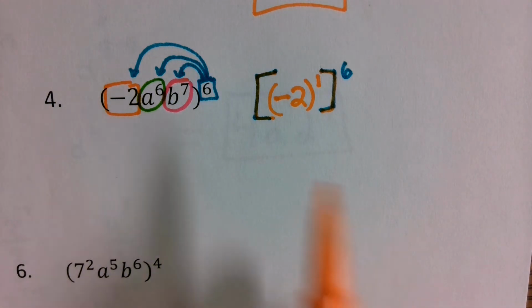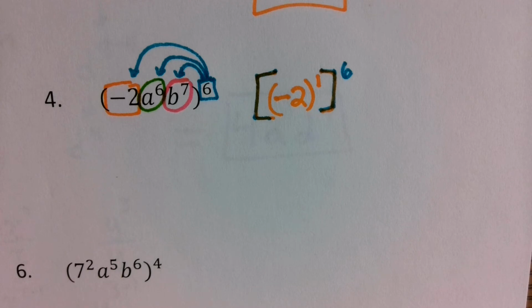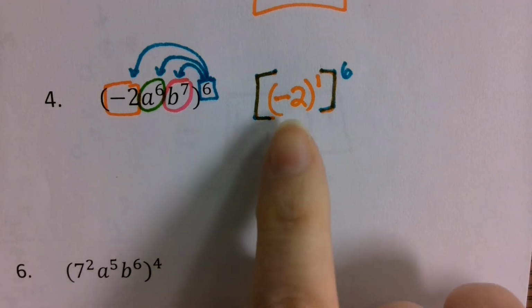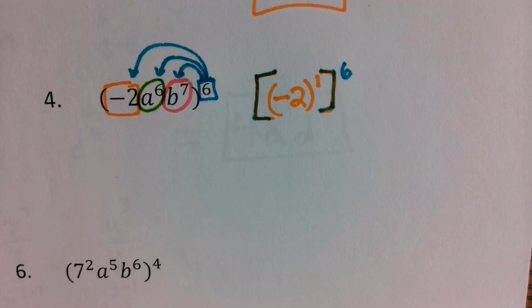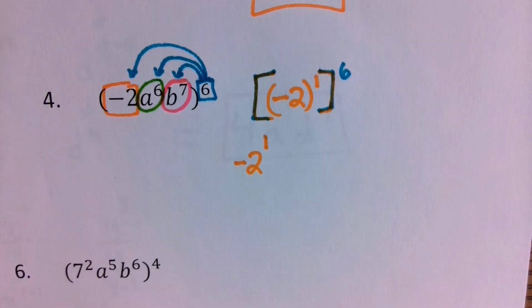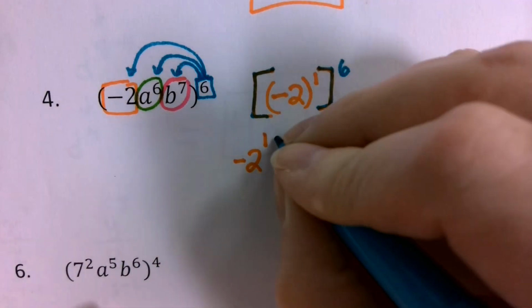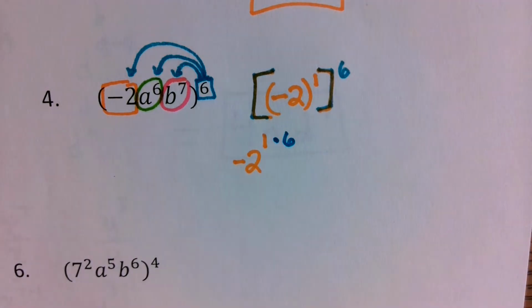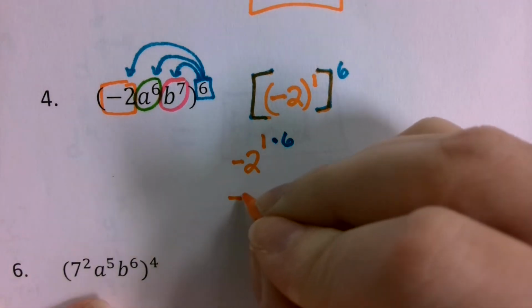Now notice I put -2 in parentheses because right now there's only one value of -2. So that means that base itself is having that 6 distributed to it. So I have to include the negative sign. So I have to put parentheses around it. So all we're doing here is we're taking -2 and we're multiplying 1 times 6.